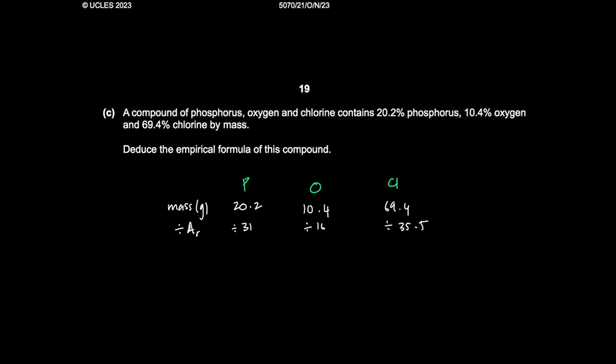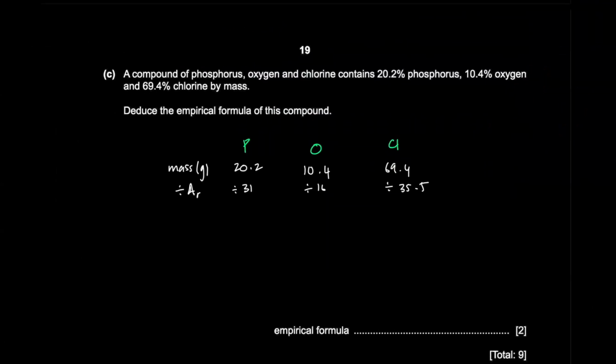Then we get 0.65, 0.65, and 1.95. Then you just divide by the smallest number, 0.65. You get 1:1:3. That's the ratio. So the empirical formula is POCl3: 1 phosphorus, 1 oxygen, and 3 chlorine.